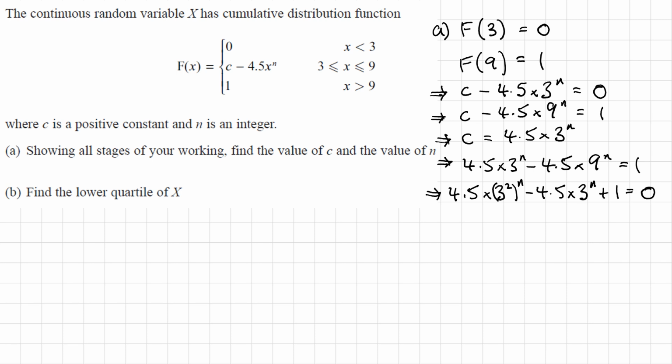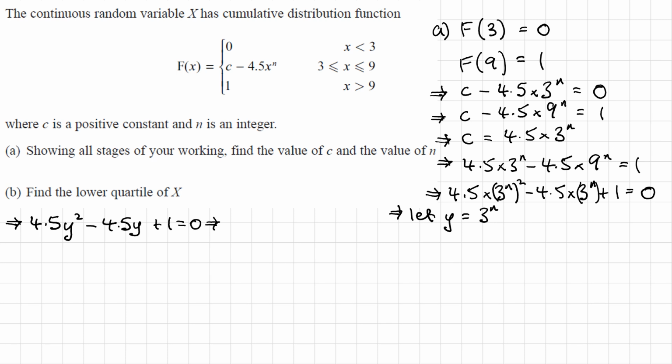So there's my quadratic. Now if I swap over the 2 and the n, which I can do because you're just going to be multiplying, you might see the quadratic a little bit more clearly like this, and put that in brackets like this. And what I'm going to do now is let y equal 3 to the power n, and then over here let's write down what quadratic that gives you. So that'd be 4.5 y squared minus 4.5 y plus 1 is equal to 0.